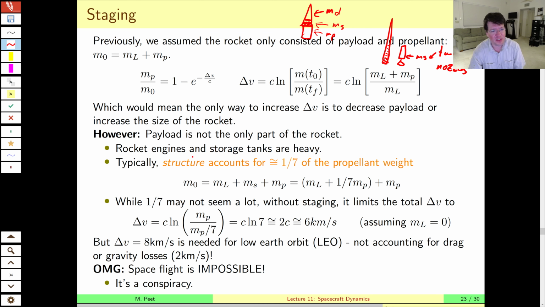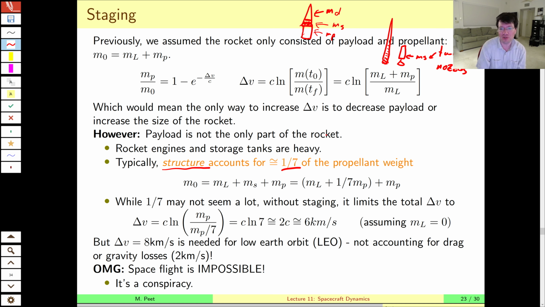And specifically, we have fundamental laws of nature, which say that there are limitations. We can only reduce the structure so much before our rocket becomes unsafe, while still maintaining our nozzles and our tanks, right? So that they don't leak, they don't explode, that kind of thing. And those numbers have not changed a great amount over time.